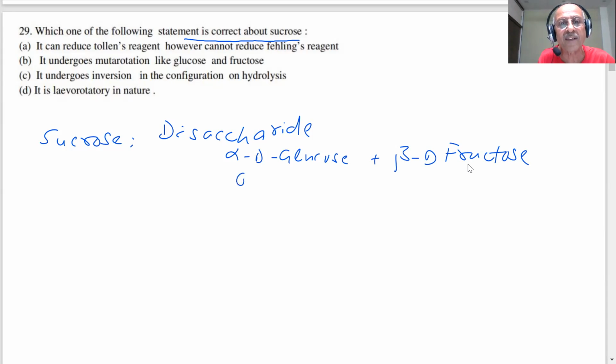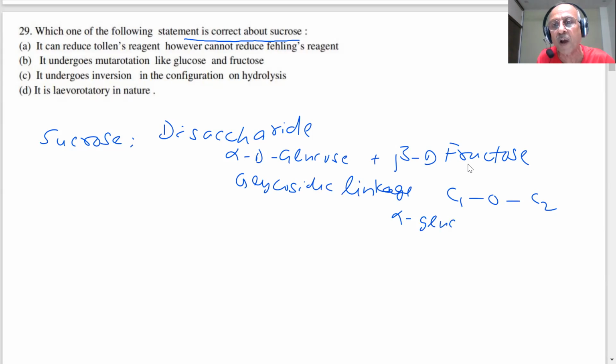And you are aware there is a glycosidic linkage. Where is the glycosidic linkage? Between C1 and C2. This is the glycosidic linkage position: for alpha glucose you have C1, and for beta fructose you have C2 carbon.